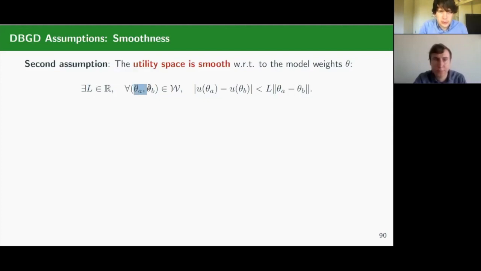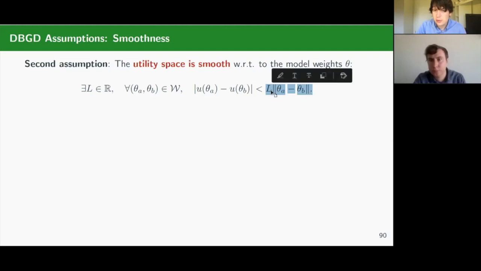The difference in utility, so the difference in performance between these two rankers in this case, has to be smaller than if you take the Euclidean distance or some distance between these two parameter vectors times this constant, right?